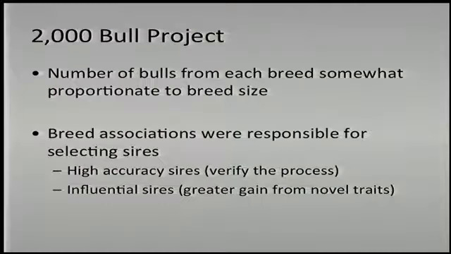Breed associations were then responsible for selecting the sires that got used here. Primarily, that was focused on selecting high accuracy sires from the breeds to verify that we are doing a good job in our training, if I go back to the training validation analogy, and influential sires so that if we were able to discover novel traits, we did get a greater gain in exporting those novel trait MBVs to the industry.